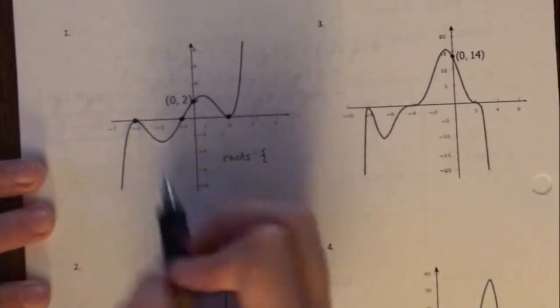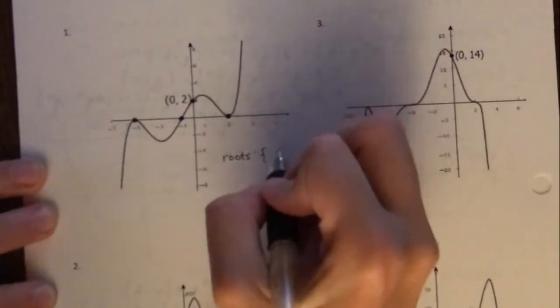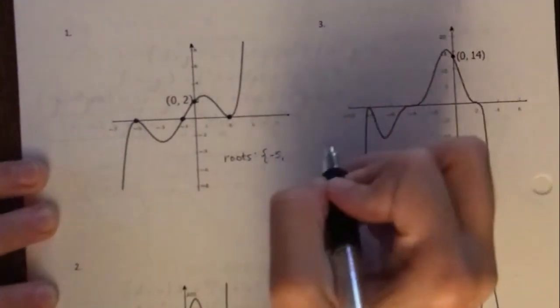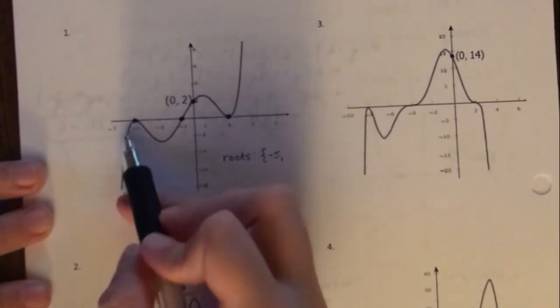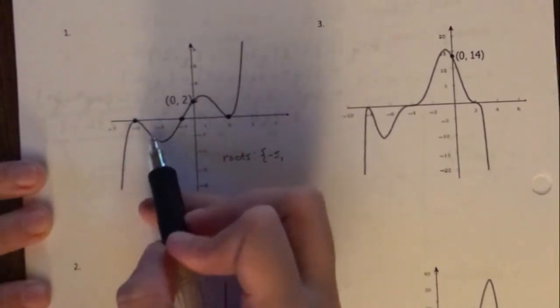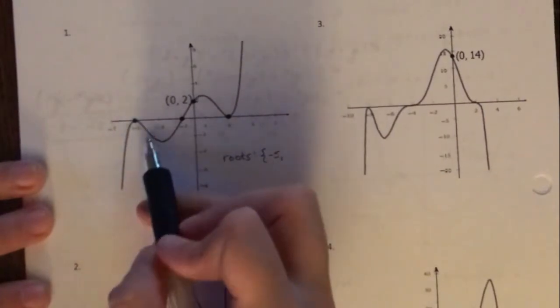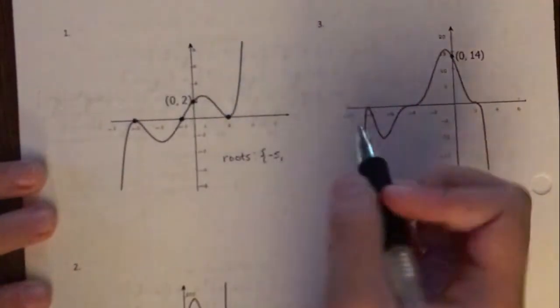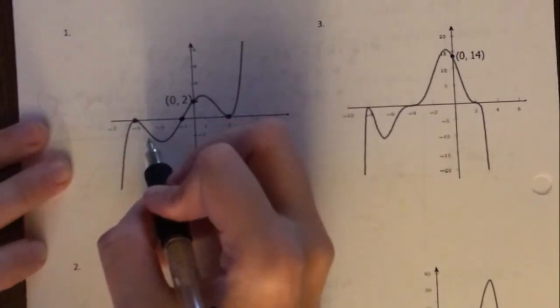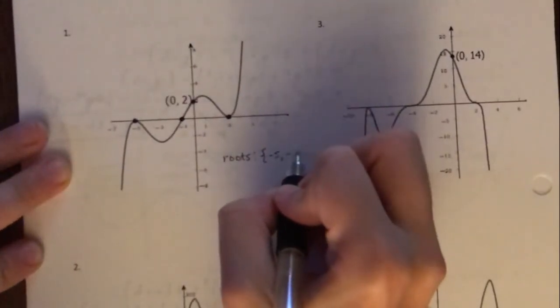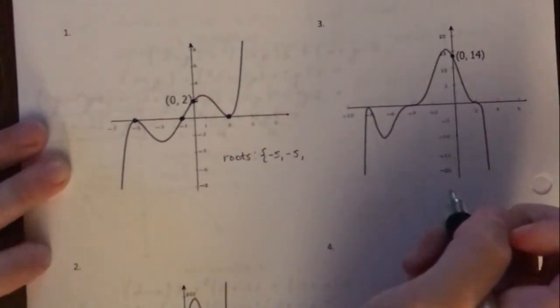Well, we have a root at -5. But what do we notice about the shape of the graph at -5? Kind of looks like a parabola, right? So parabola is x squared, so that means -5 shows up twice.